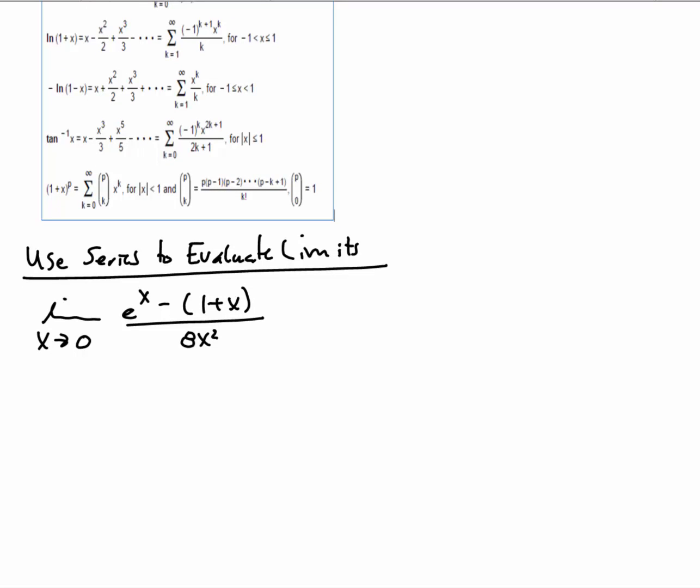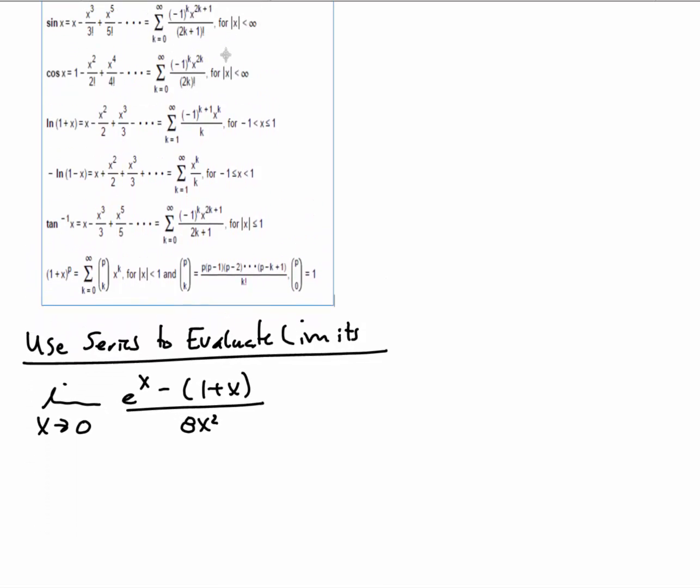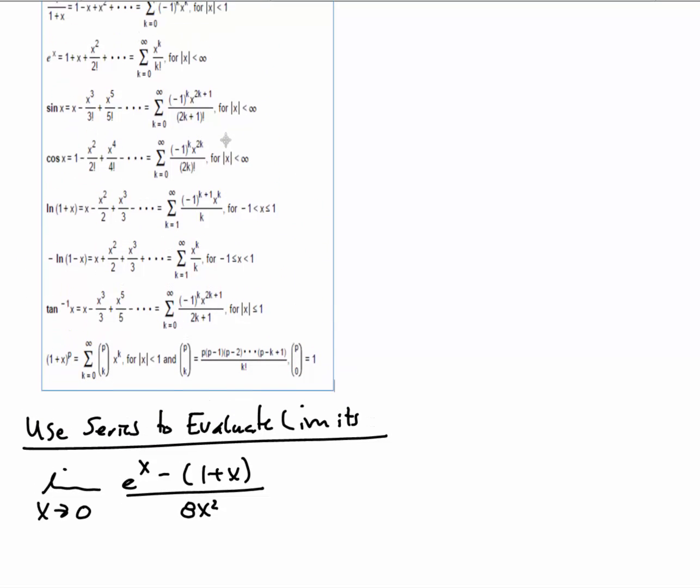So what we do is we look at this and we say, okay, there's a function here, e to the x. And this function, e to the x, if I look up here, can be represented by this series. I'm not focusing on the summation notation here, I'm looking at the pattern. So what I do is I substitute that back in down here.